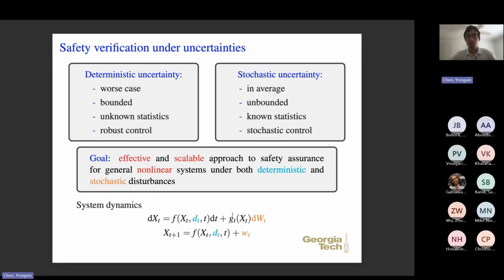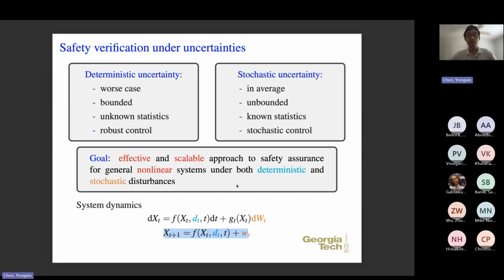The first one is continuous time, and the second one is discrete time. In the continuous time model, d is the deterministic uncertainty, and dW is the Brownian motion, which is the stochastic uncertainty. We would focus on this model in this talk, and the other techniques we develop can be equally applied to the discrete time system. You can find these details in the paper.